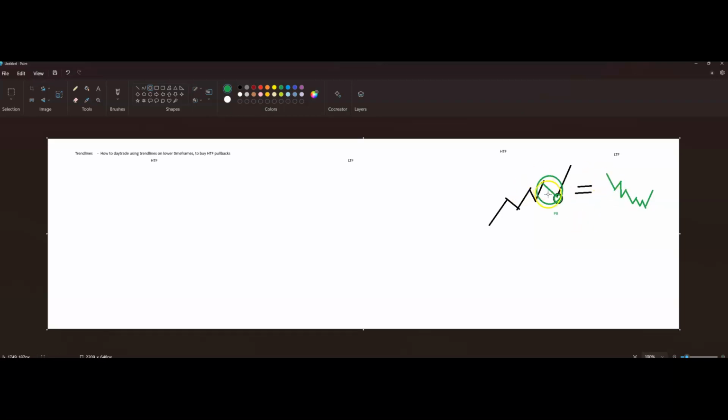This pullback leg is equal to the lower time frame trend. Again, the pullback leg equals lower time frame trend. So this move that's a pullback on a high time frame looks like a lower time frame downtrend.